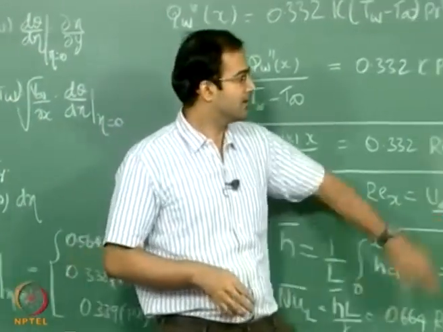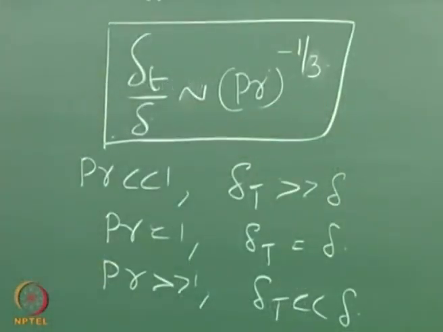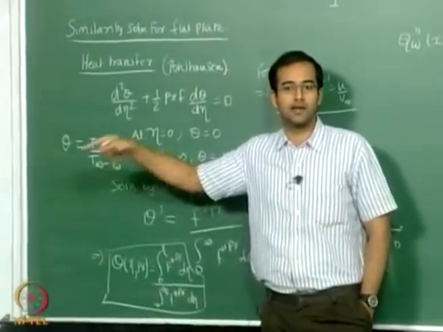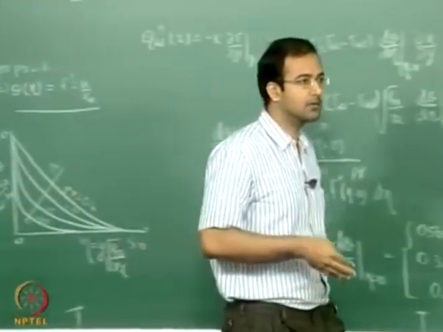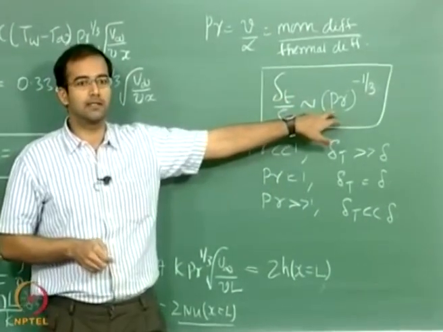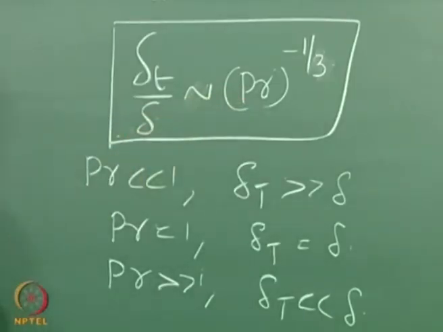The same way, thermal boundary layer thickness is defined as the point where your theta goes to 0.99, the corresponding value of y. So you can calculate both, take the ratio of that and see how it scales. You check the scaling with respect to Prandtl number.